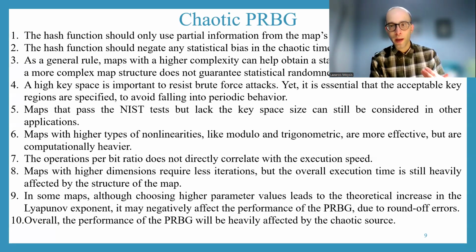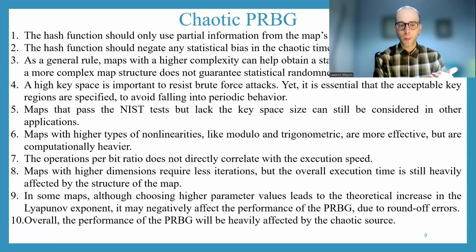And this is because some operations have a higher complexity than others. So for example, 10 additions may actually be faster than using 3 trigonometric functions or 3 modulo operators, because these operators are much slower compared to a simple addition. So different operations have different execution speed.